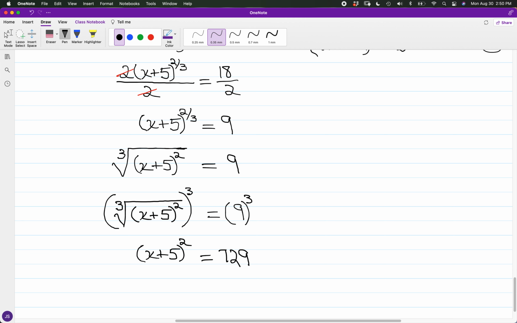And now, crossing over to the other side, with the square root property of equality, if I go from the square of x plus 5 to just x plus 5, we have plus or minus the square root of 729.